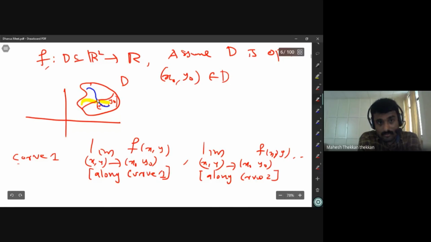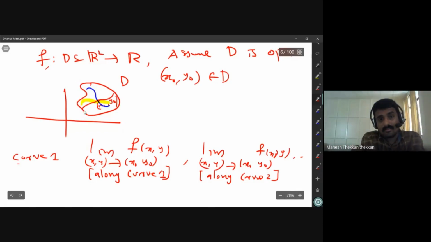I can approach in two ways along this curve, so both ways I have to get the same value. That is the meaning of this limit existing. The limit along curve 1 exists means both manners of approaching (x naught, y naught) along the blue curve must exist and both must be the same.